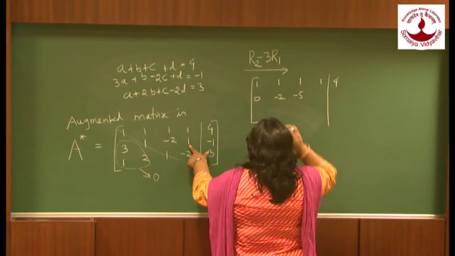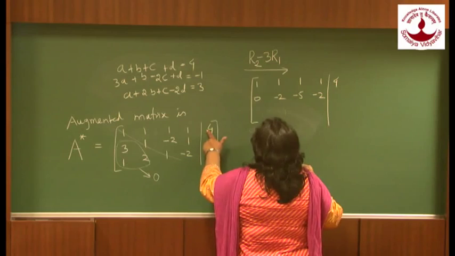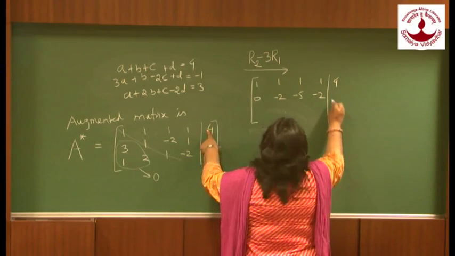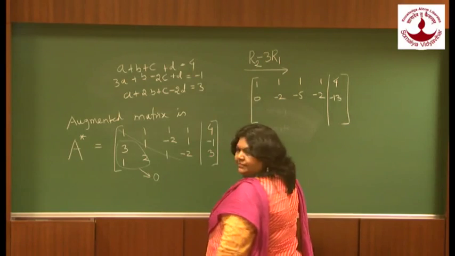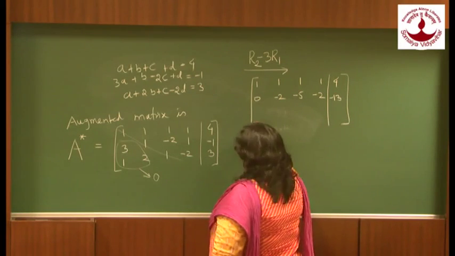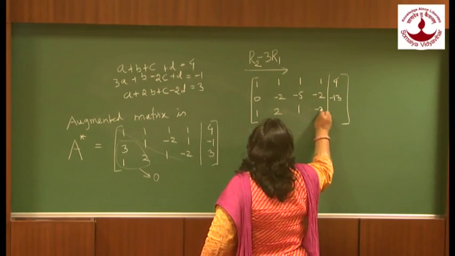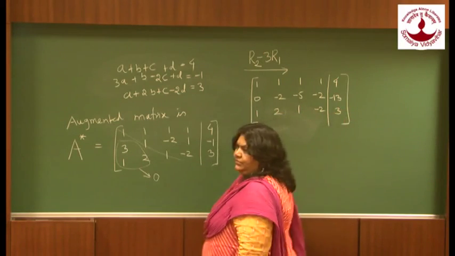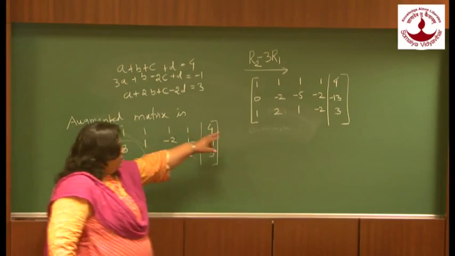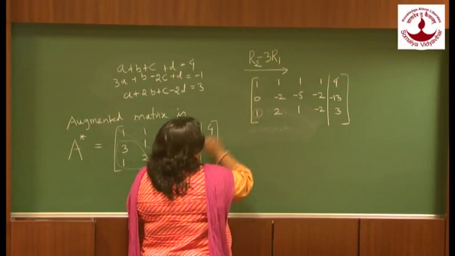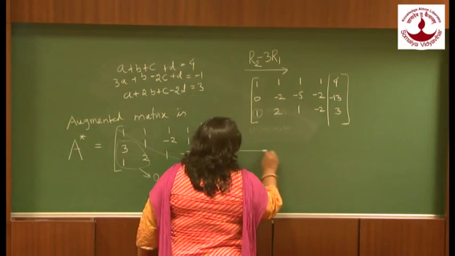Minus 2 minus 2 is minus 2, and minus 2 minus 12 is minus 13, right? And the last row remains as it is. We are not doing anything on the last row at the moment. Now it is the turn of the last one. This one we want to convert to 0. R3 minus R1. Exactly. It is R3 minus R1.